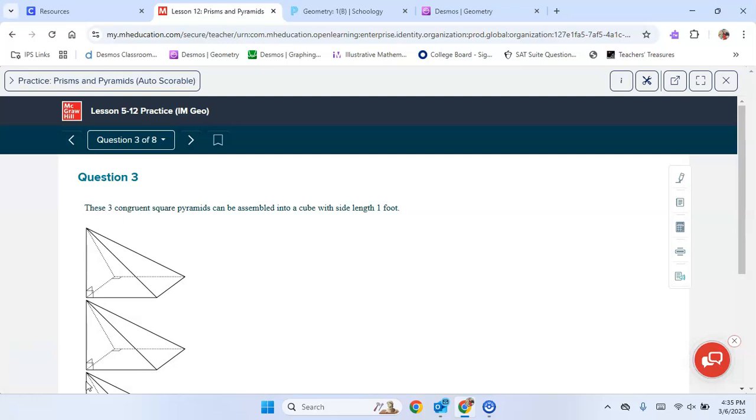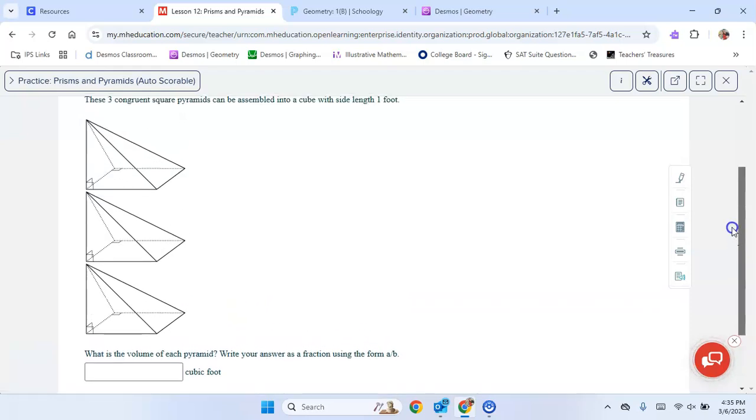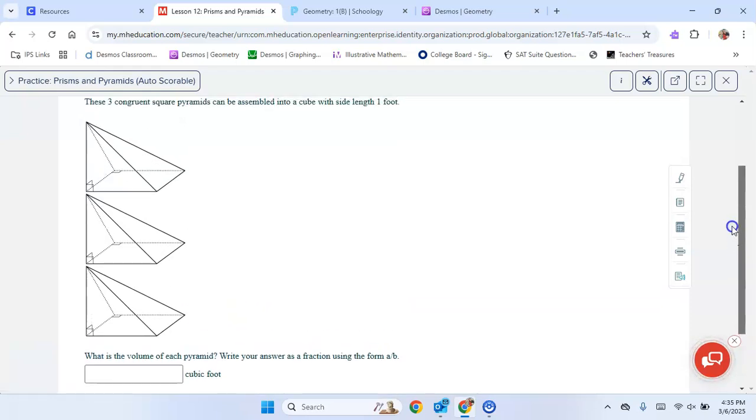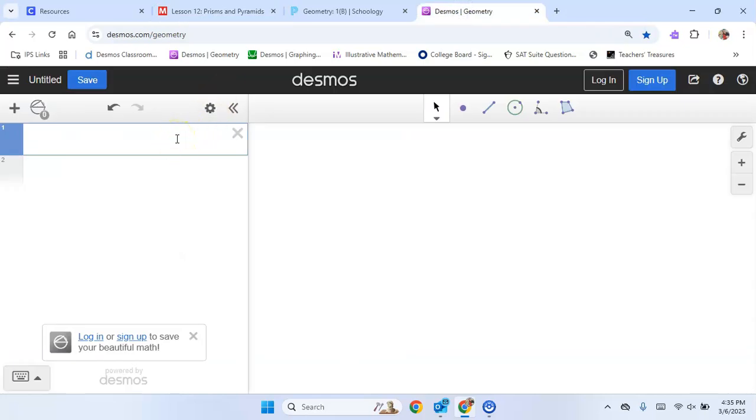Question 3. These 3 congruent square pyramids can be assembled into a cube with side length 1 foot. What is the volume of each pyramid? Write your answer as a fraction using the form A divided by B. So the volume of the pyramid is 1/3 area of the base times the height.